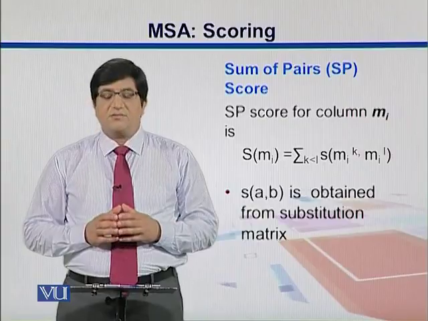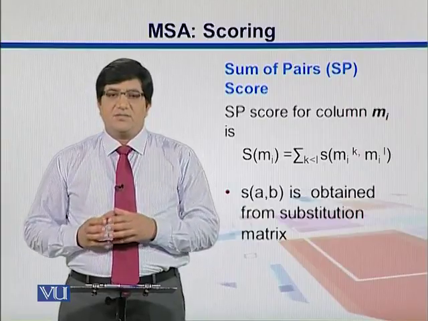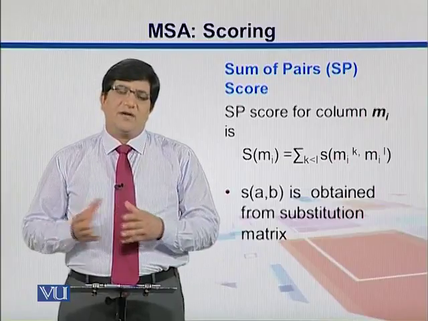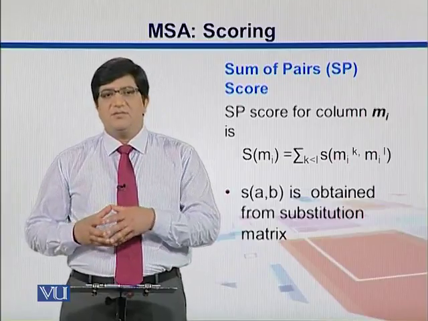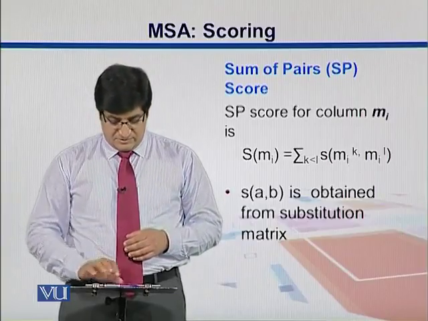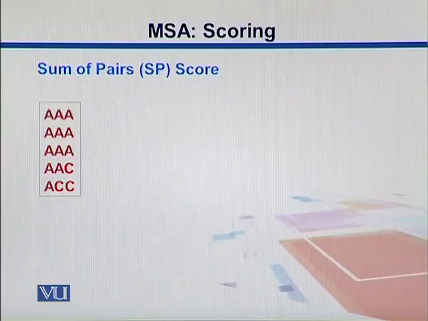Their score is derived from the substitution matrix. As long as they are pairing up, you can come up with a match score. If we have a substitution where they are not pairing up, you find a mismatch, and then you consult the substitution matrix.